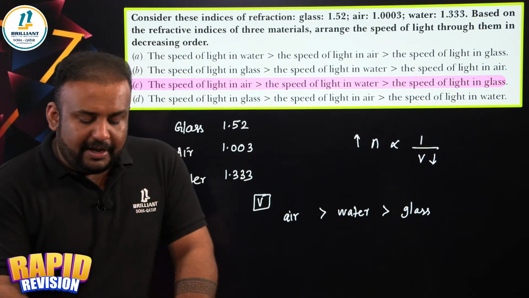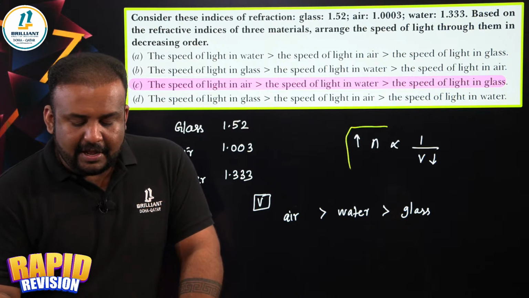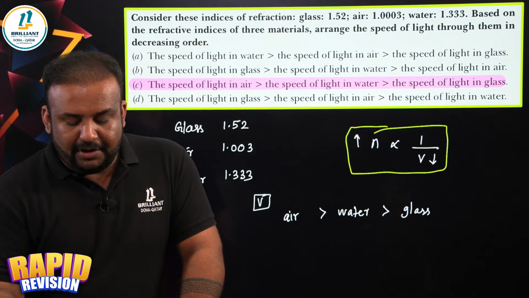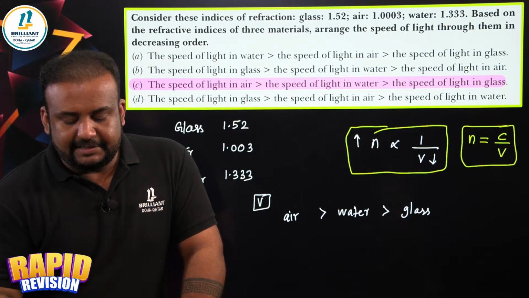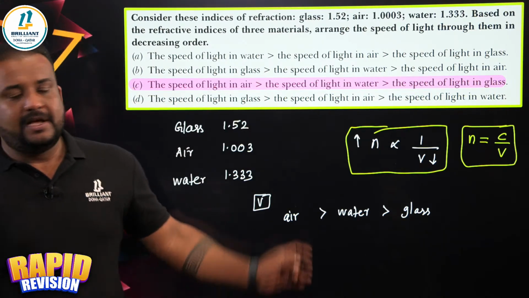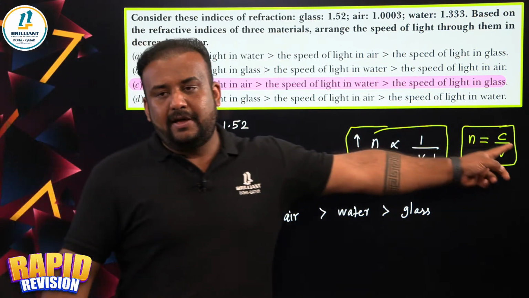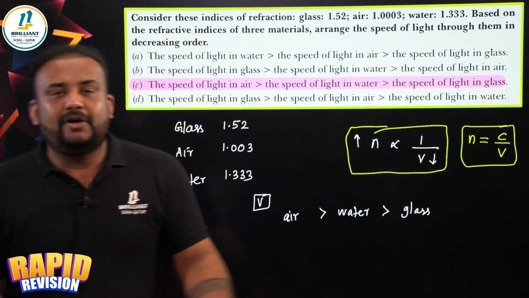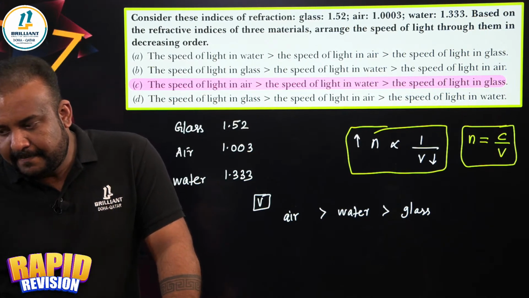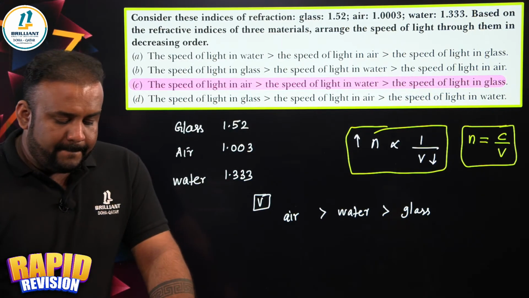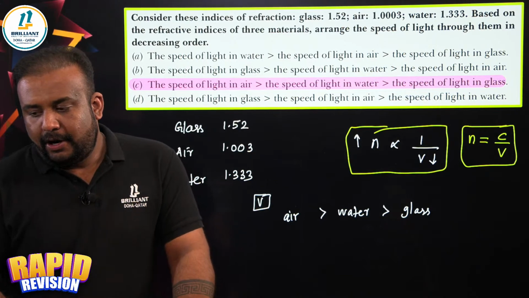Everybody remember this equation: refractive index is inversely proportional to V, or refractive index n = c/V. This is the expression for absolute refractive index: velocity of light in vacuum divided by velocity of light in that medium. All of you understood?